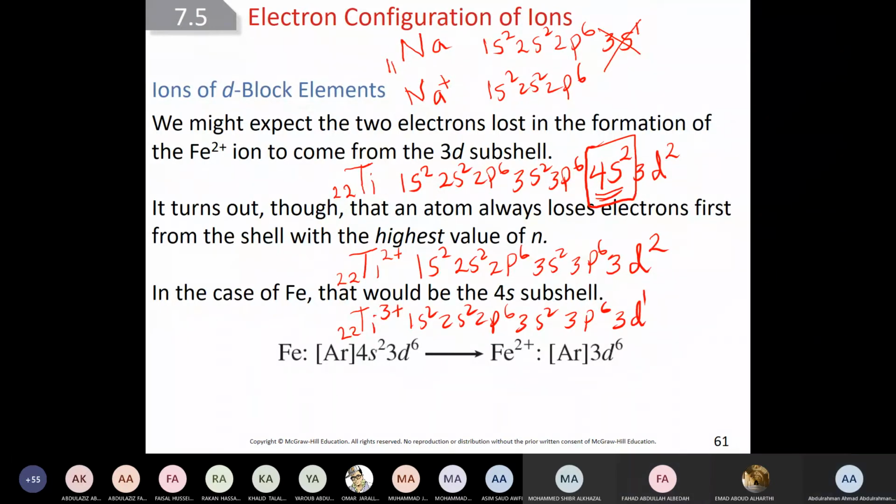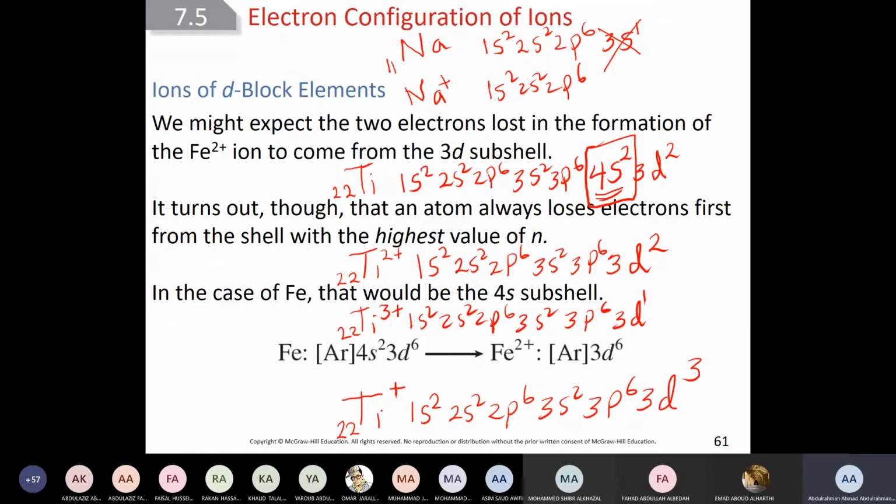Now, I want to tell you this information even if you have titanium +1. The structure is 1s2, 2s2, 2p6, then 3s2, 3p6, and then 3d3.